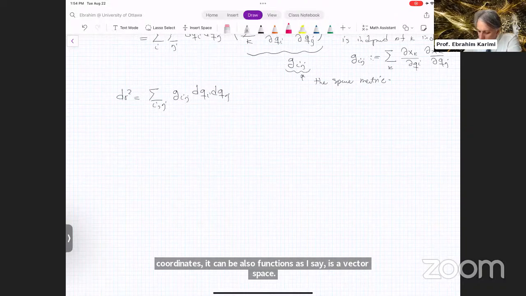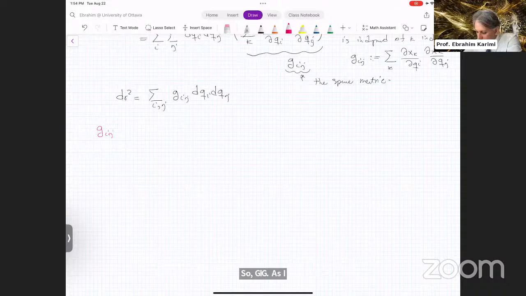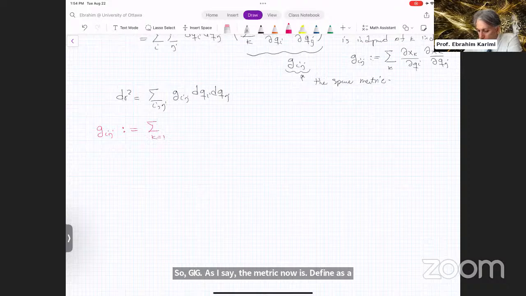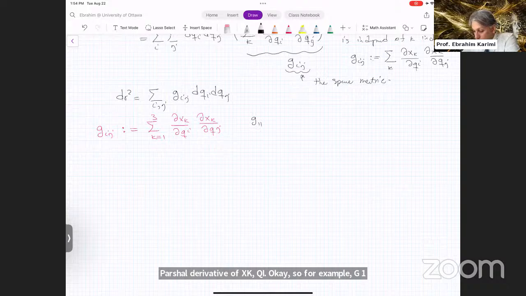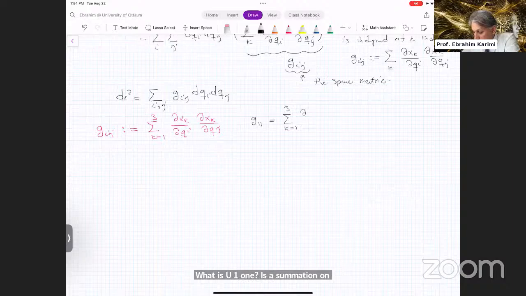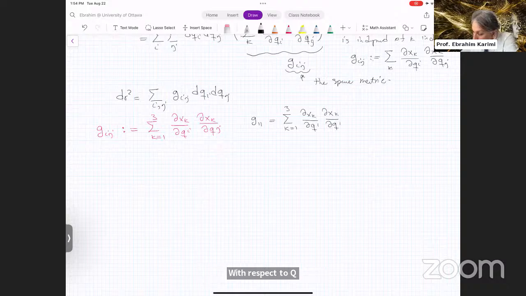So Gij, as I say, the metric, is now defined as a summation over k, where k changes from 1 to 3, of the partial derivative of xk with respect to qi, times the partial derivative of xk with respect to qj. So for example, what is G11? It is a summation over k equal to 1 to 3 of the derivative of xk with respect to q1, squared.